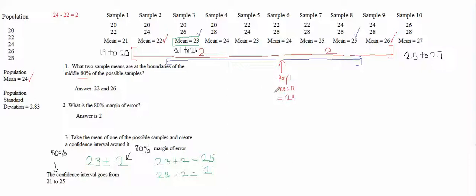How far is this lower boundary right here of the middle 6 samples from the population mean of 24? Well, we could do the same thing again. We could take 24 and subtract 23. We could take the population mean and subtract the lower boundary, and 24 minus 23 is 1.